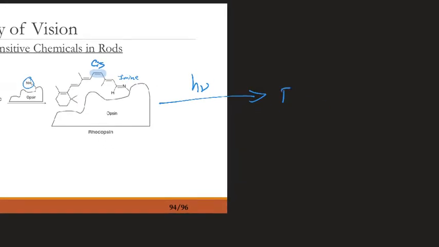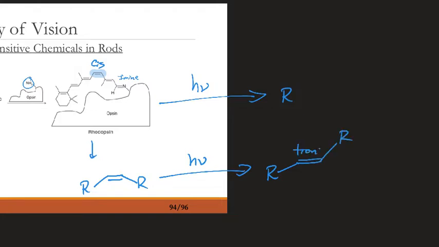So I'm going to just simplify this to R. You know what? Let me do it down here. R, then ultraviolet light or visible light comes in and converts this to the trans double bond over here. And the visible light causes that change.